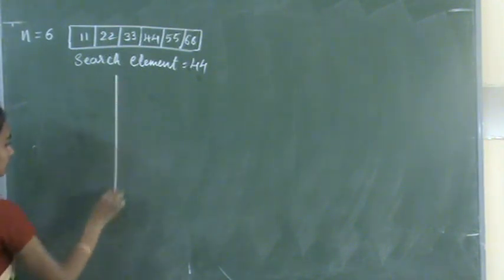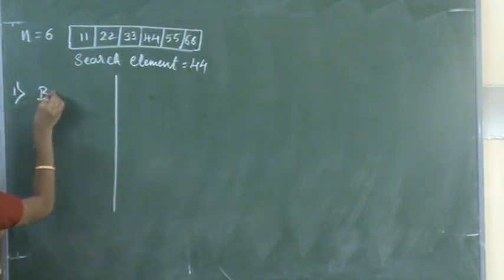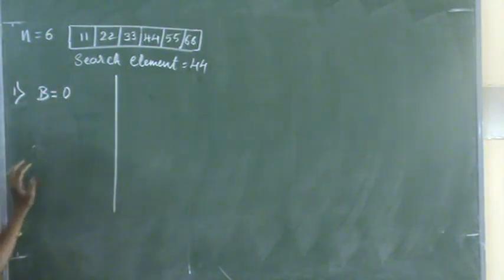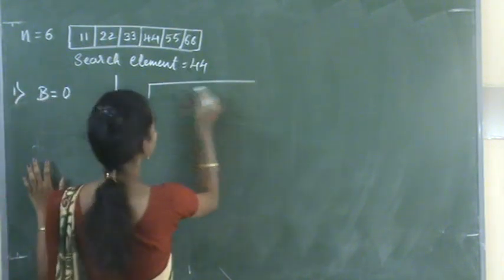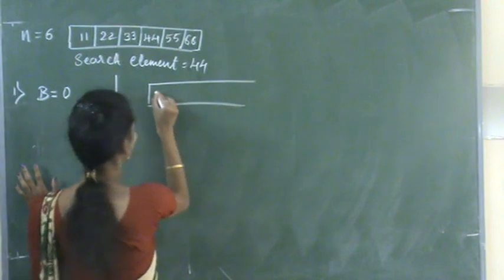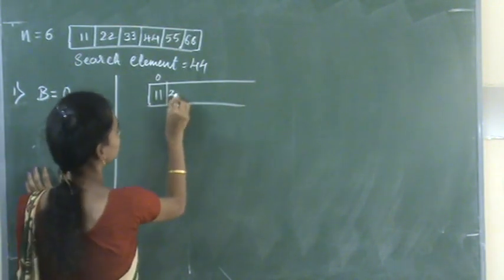So now we need to find the beginning and ending of the array. For the first step, we provide beginning as 0, right? Initially the array starts at index 0.